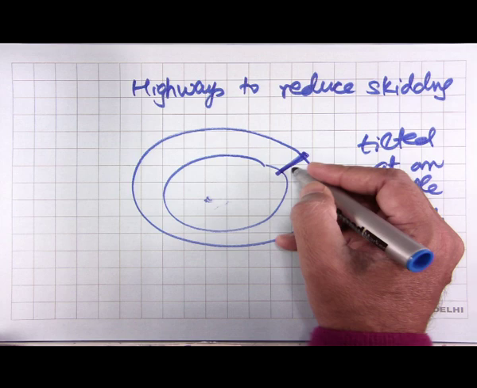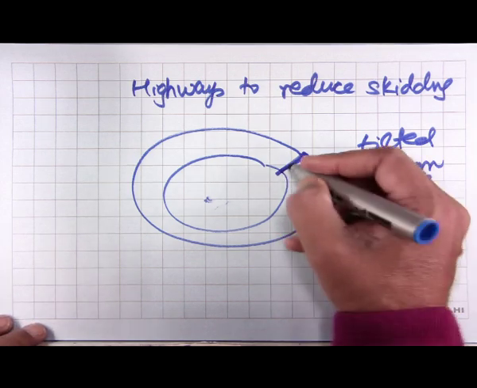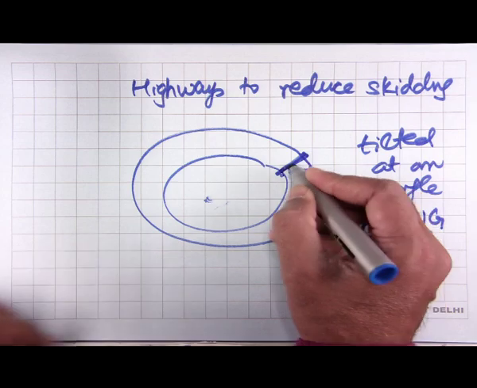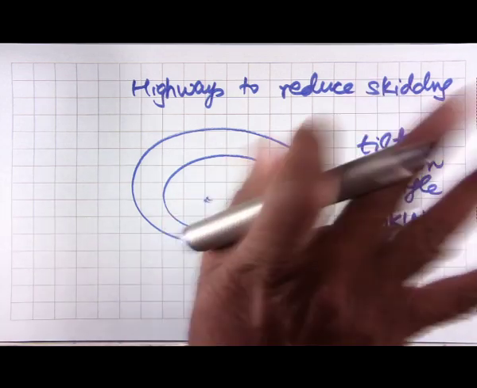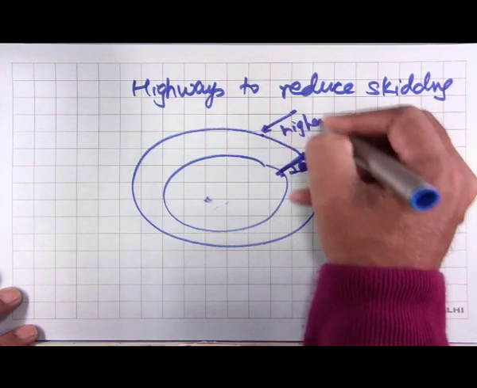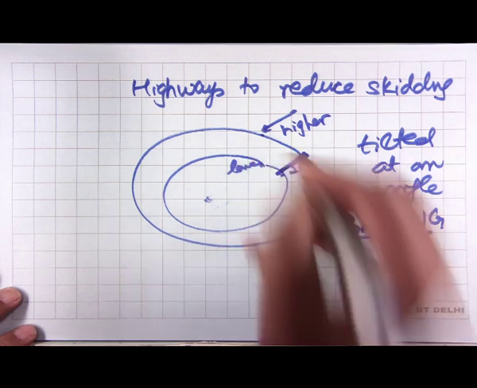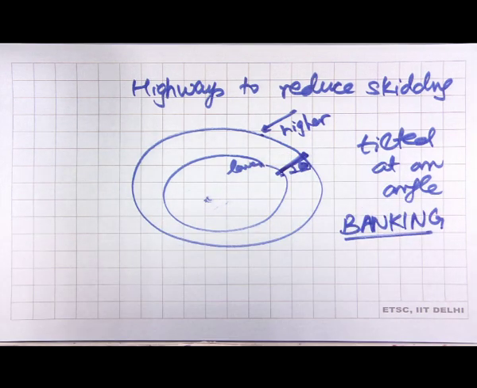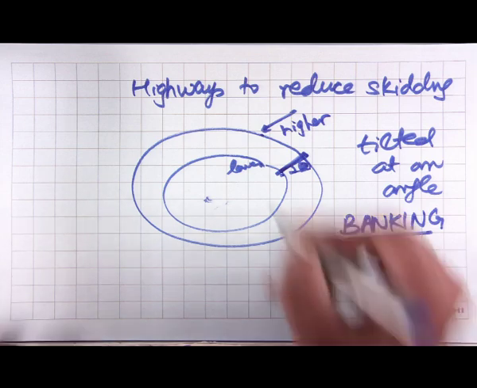The road is tilted at an angle theta, and it is higher on the outside and lower on the inside. So, a slight angle is given to the road, which is termed as banking.